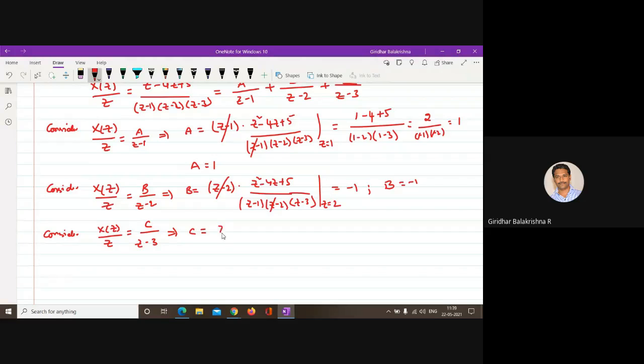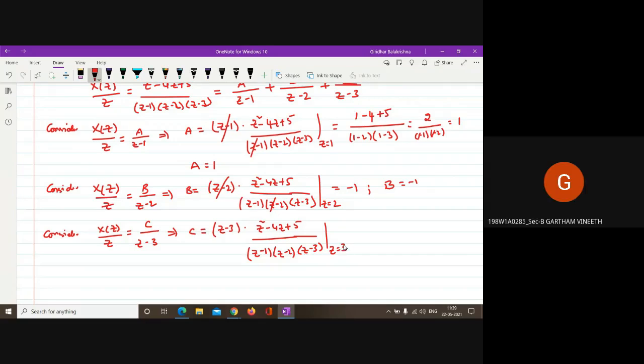Then C equals (z minus 3) into X(z)/z, which is (z square minus 4z plus 5)/((z minus 1)(z minus 2)(z minus 3)) at z equal to 3. So z minus 3 gets cancelled. Substitute z equal to 3 and tell me the value of C. 1. Therefore, the value of C is 1.